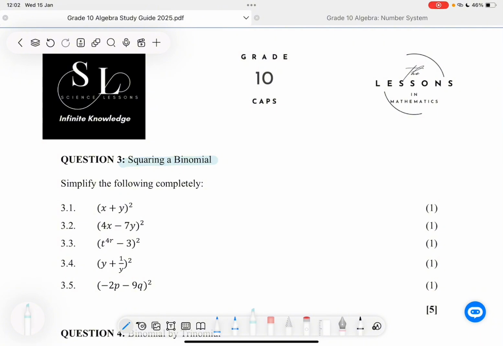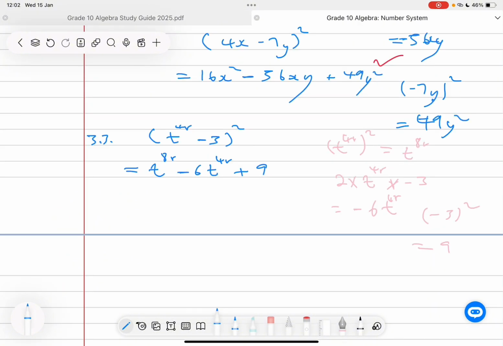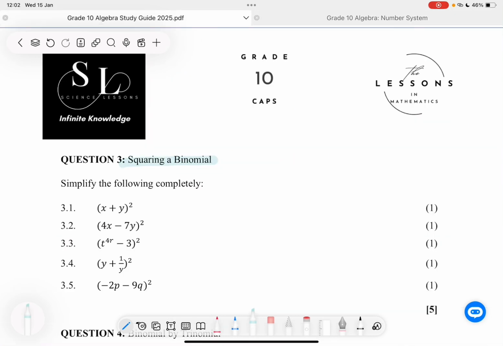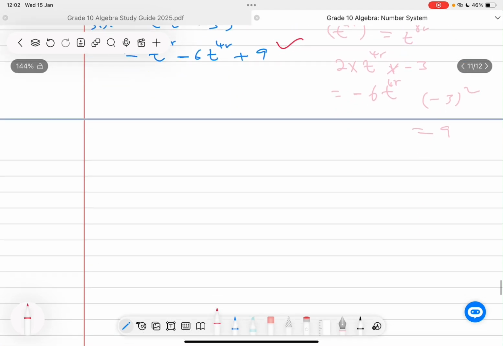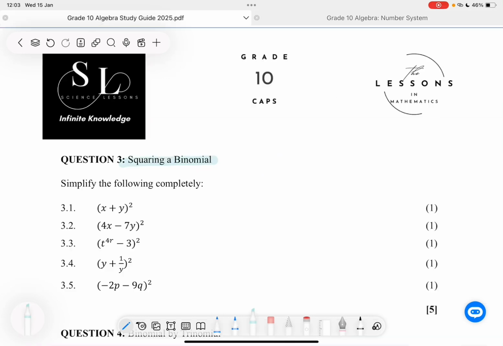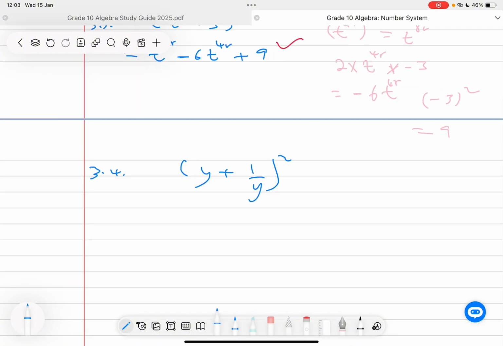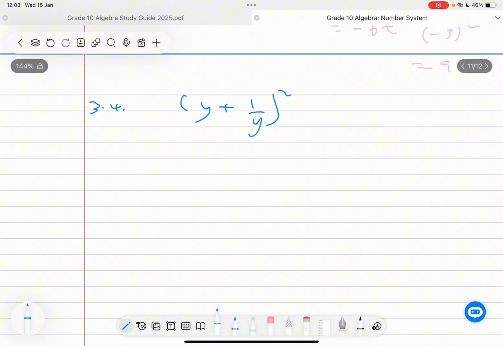Then the question 3.3, again this question is 1 mark as well, because they just mark your final answer. Now question 3.4, we are given y plus 1 over y, squared. So again, with this question, we're squaring this y here, so we're going to have a y squared.